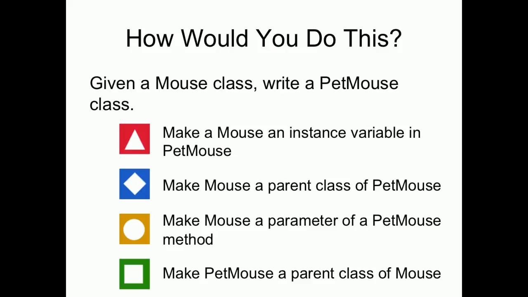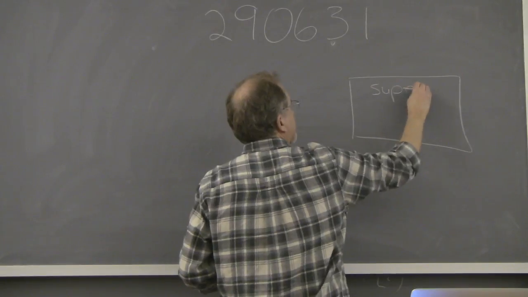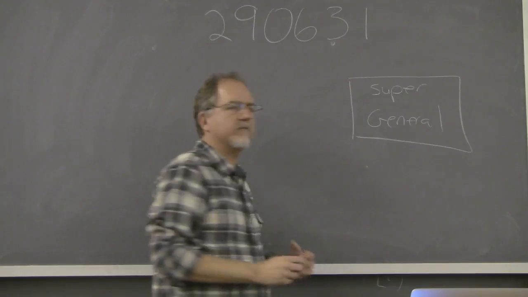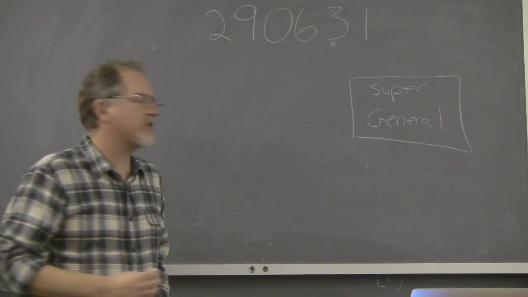Okay, so pretty good. You guys did a good job on that one. When you're thinking about class hierarchies, the superclass is what should be the general type of thing, the most abstract, the most general.